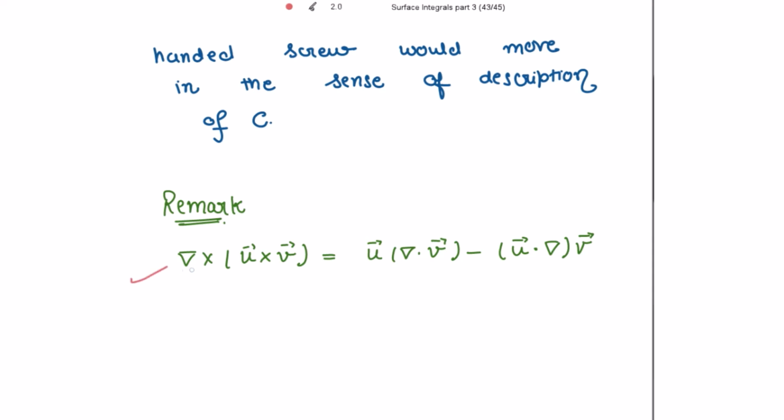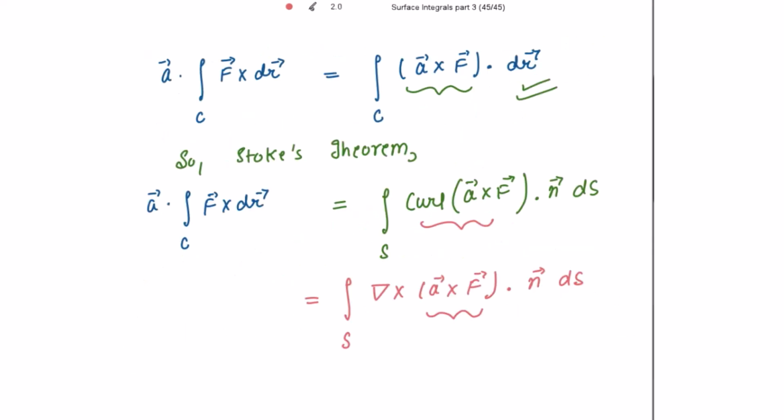The curl of these two vectors is equal to the first vector into the divergence of the second vector, minus the dot product of first vector with del operator into the second vector. So using this result now, this is equal to the surface integral of the curl of the cross product of two vectors.